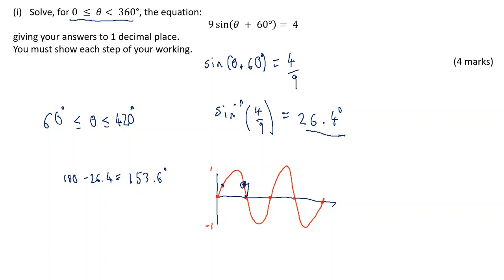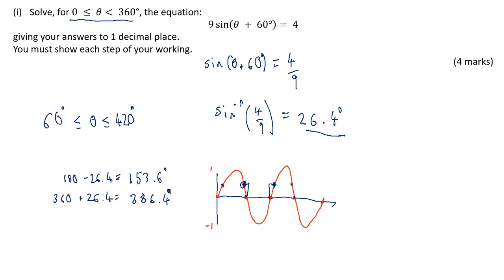And then just reading across, there'd also be this point here. If this is 360, this would be 360 plus 26.4, which gives 386.4 degrees. And then there would also be this value here.